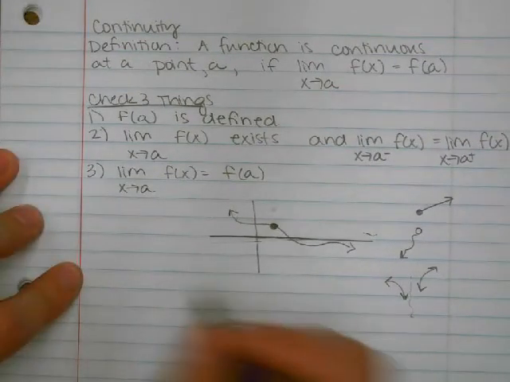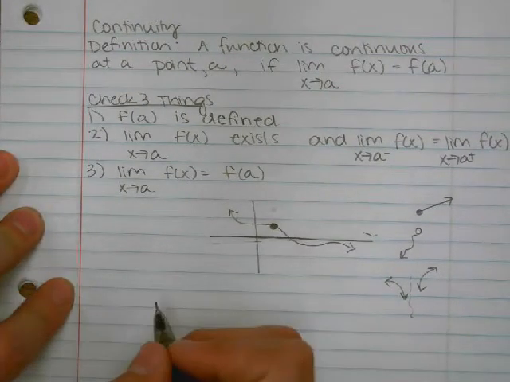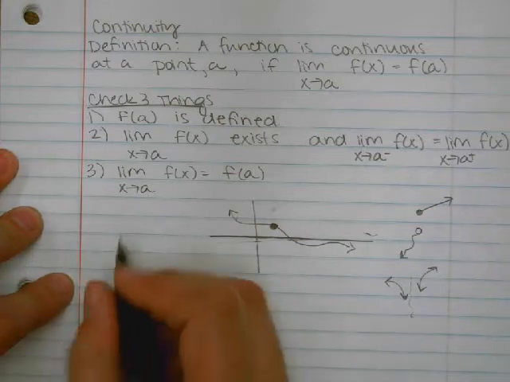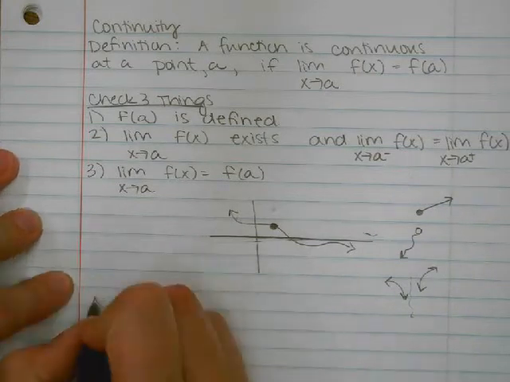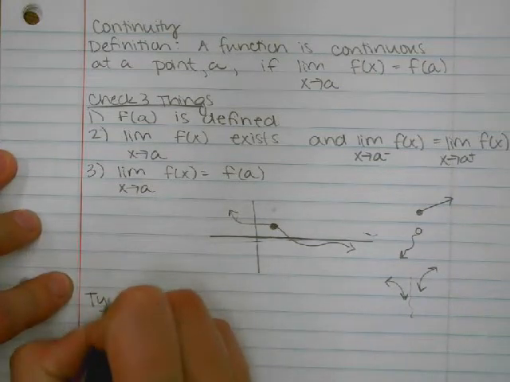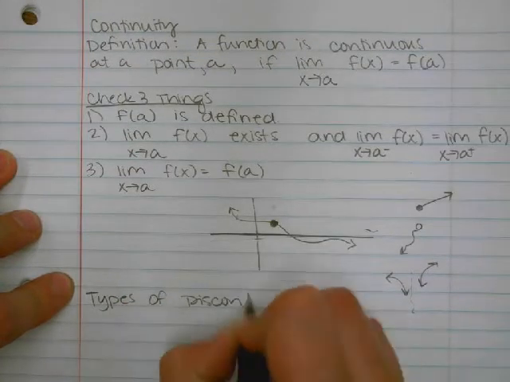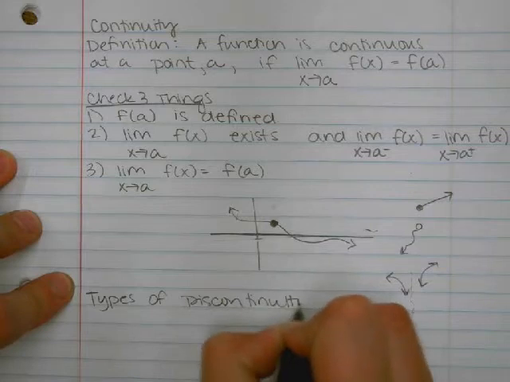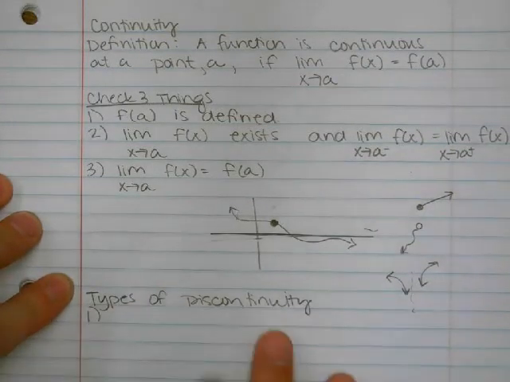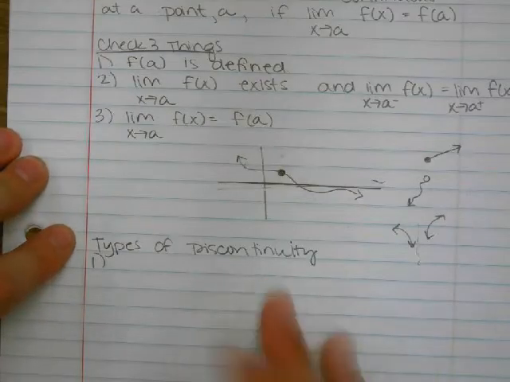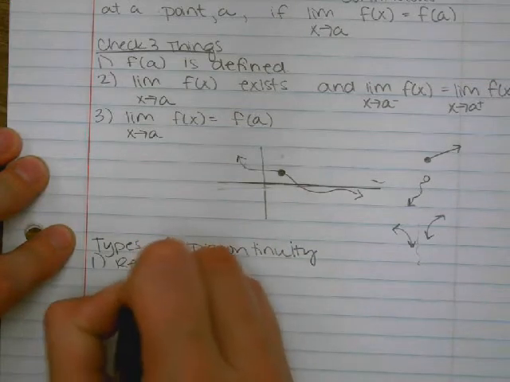Alright, so anything that makes a graph not continuous, we would call it a discontinuity. And so here we're going to look at the types of discontinuity that we have. The first type of discontinuity that we would have is a removable discontinuity.